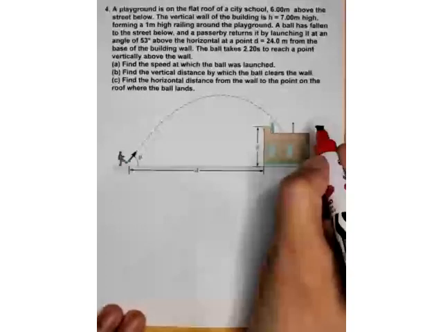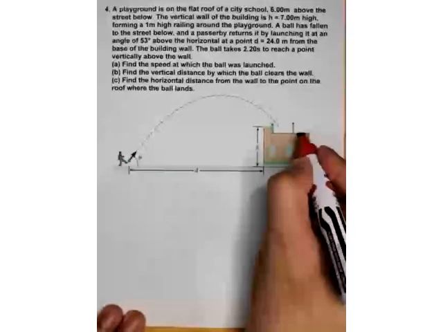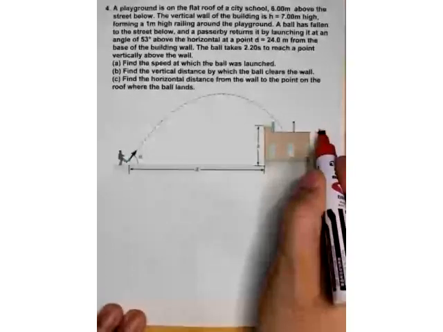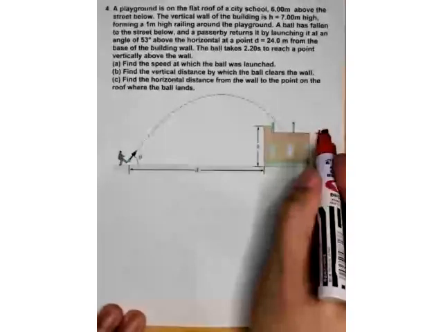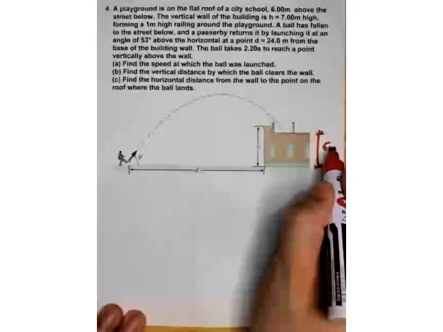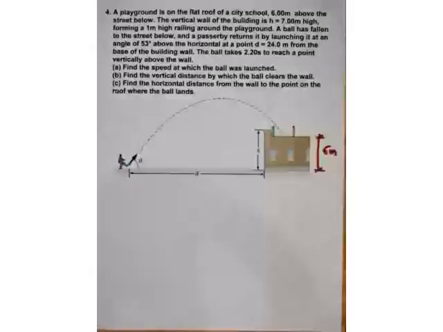Ito yung playground. So, yung mula dun sa flat roof, mula dun sa ground, so that is 6 meters. So, that's 6 meters.